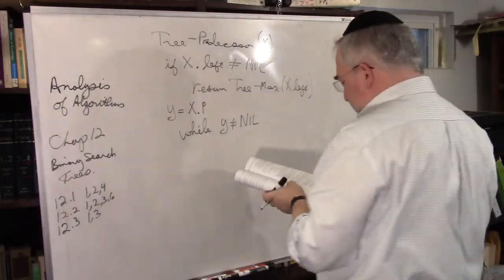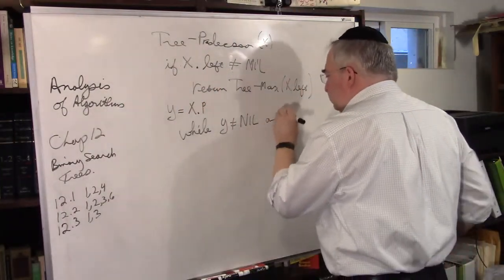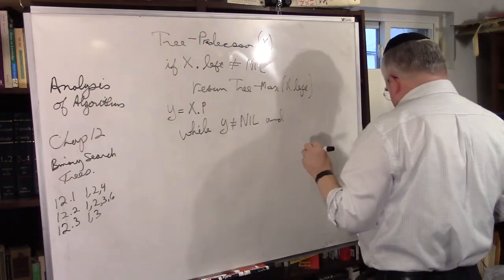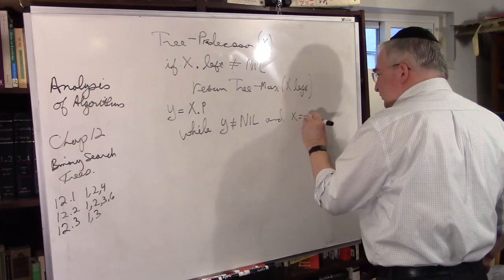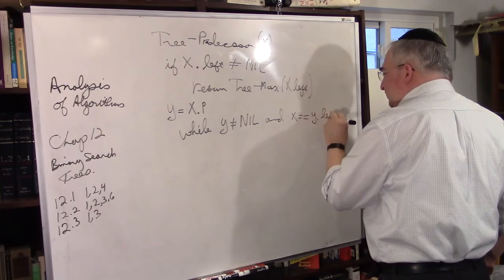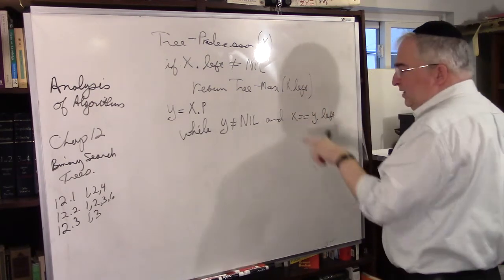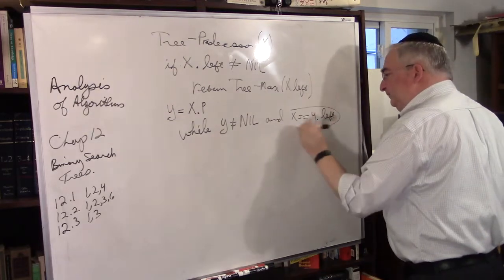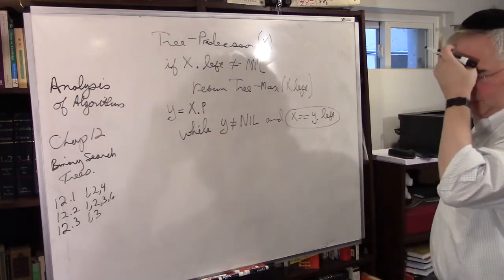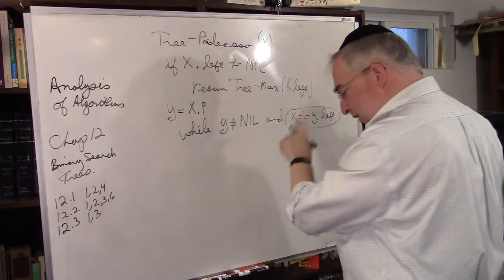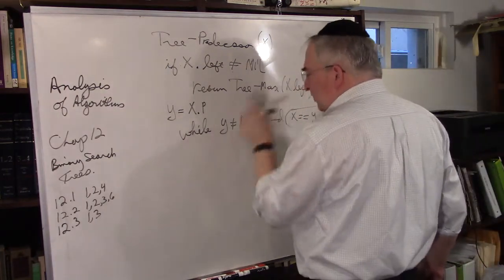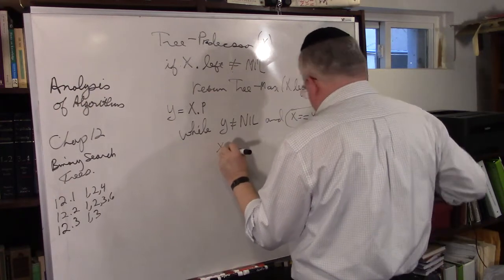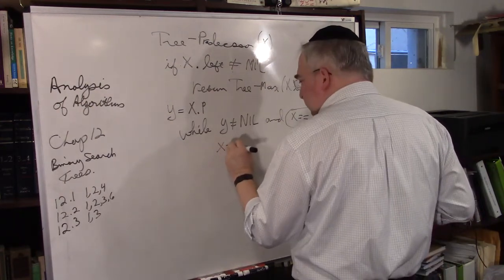Okay? And x equals y dot left. This is the important thing. I'll do it in a second. Let me just finish writing. As long as we're keeping on doing this, then x is equal to y.